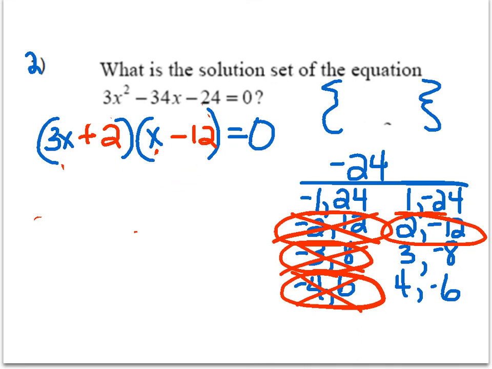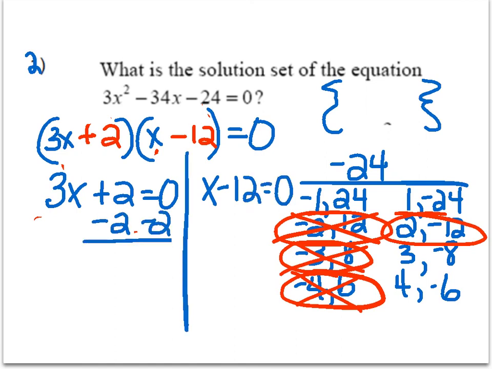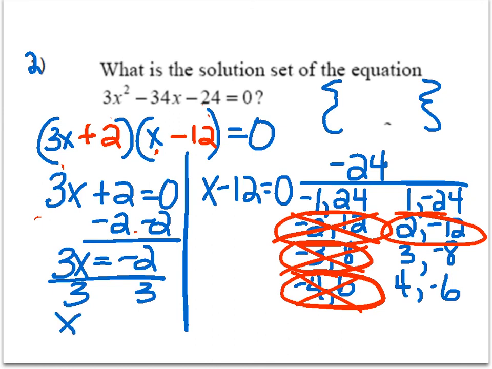So now I can go back to solving. I have 3x plus 2 equals 0. And I have x minus 12 equals 0. And so I subtract 2 from both sides. I get 3x equals -2. I divide by 3 on both sides, and I get x is equal to -2/3 for my one root.